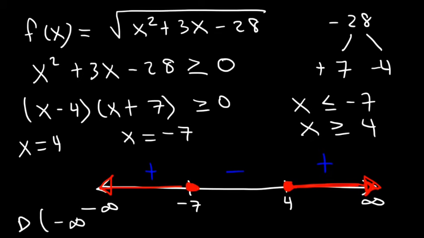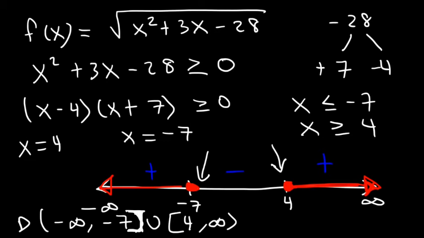So your domain will be minus infinity to minus 7 union 4 to infinity. I should exclude minus 7 to 4. So this is the required interval, and be careful while using big brackets and small brackets. If it is greater than or equal to, it will be a big bracket, and if it is less than or equal to, it will be a big bracket, and if it is only less or greater, then it will be a small bracket.